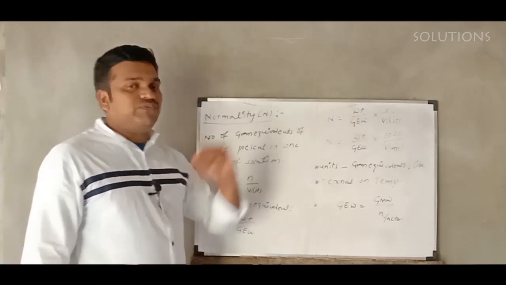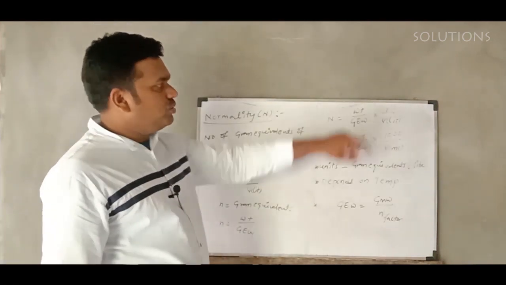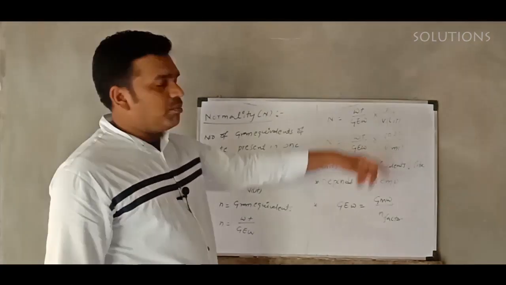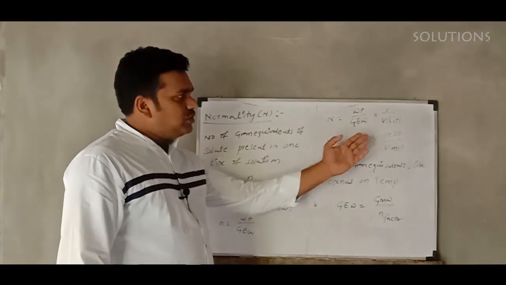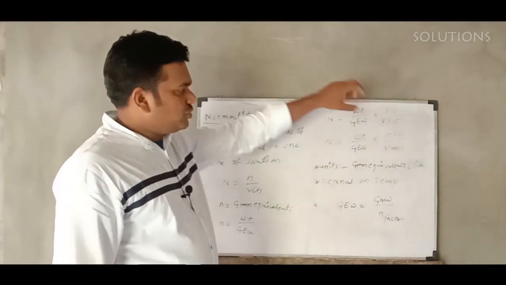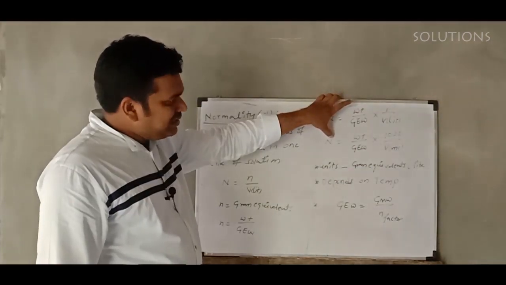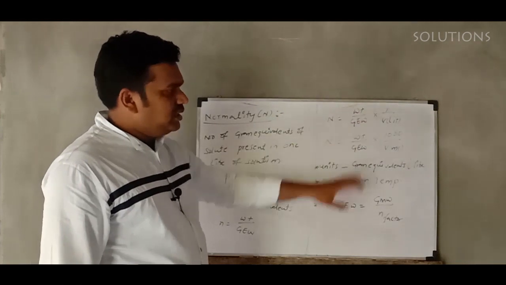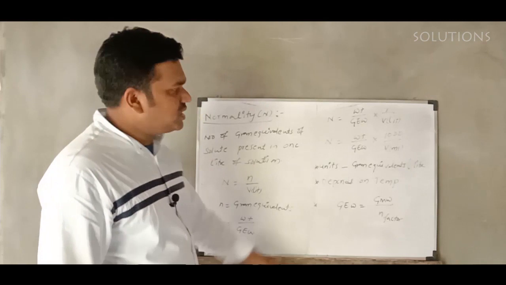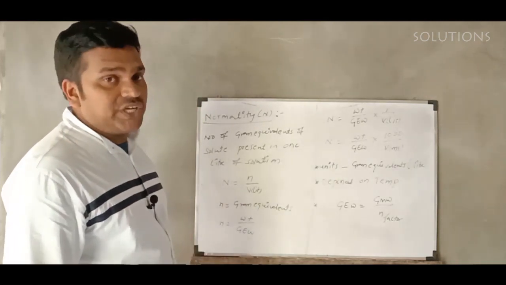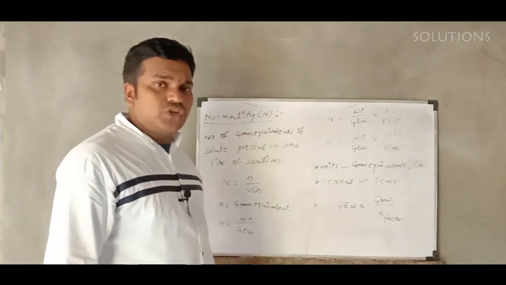Now we can convert the formula like this: N is equal to weight by gram equivalent weight into 1 by V in liters. Now we can convert liters into ml. So we get the formula normality N is equal to weight by gram equivalent weight into 1000 by V in ml. This is the formula to find the normality of the solution.